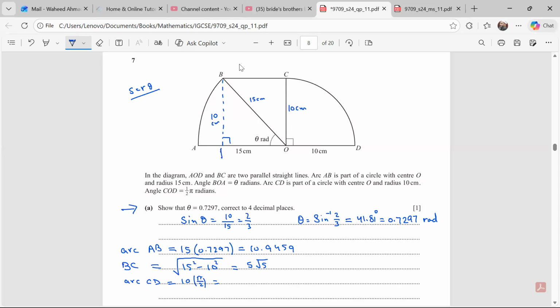So this would be 5 pi. So I have all three. And then DA. This DA length, you can see this is 10 plus 15, which is 25.